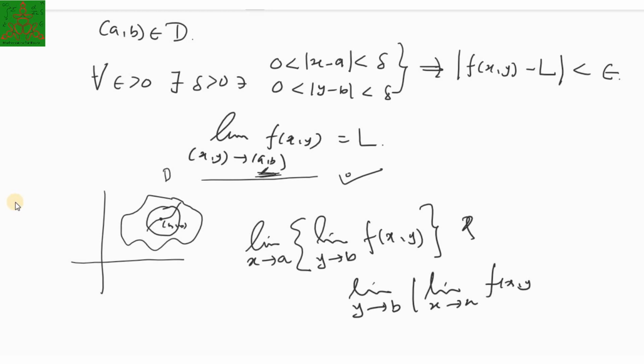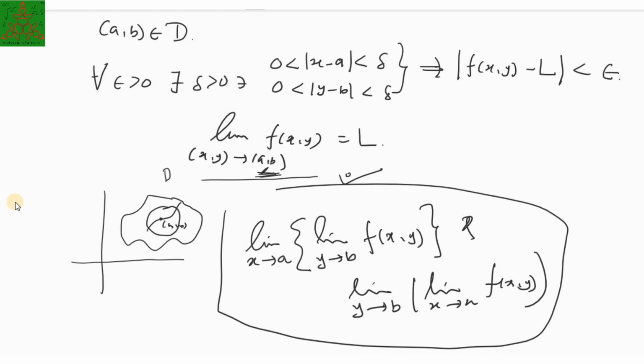These two limits are known as the repeated limits, or another name is iterated limits. So let's have an example.